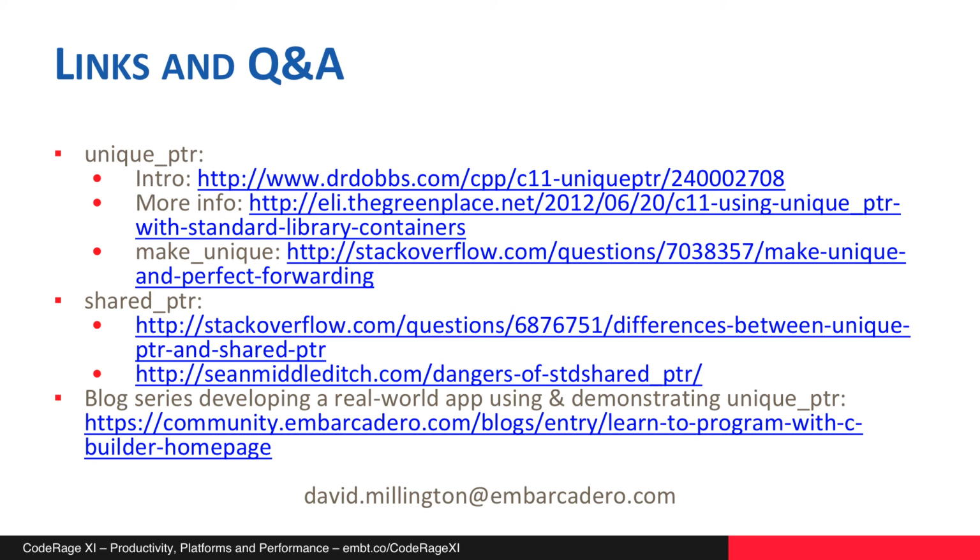Now I'm also four-fifths of the way through writing a blog series at the moment that is writing a real-world application in C++ Builder. And of course, it uses smart pointers, and it uses unique pointer, not shared pointer. That blog series is in the last link. So what I'm actually going to do now is go over and show you that application just as a quick example of using a unique pointer in practice. Then after that, we'll come back and I'll put the site up with links and go to the Q&A.